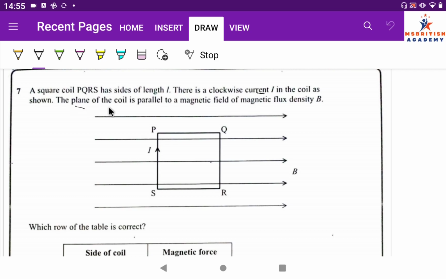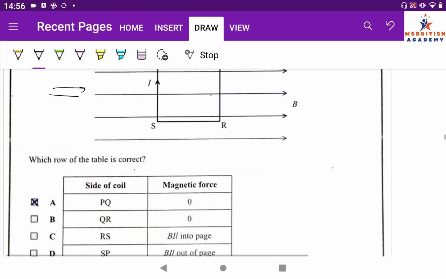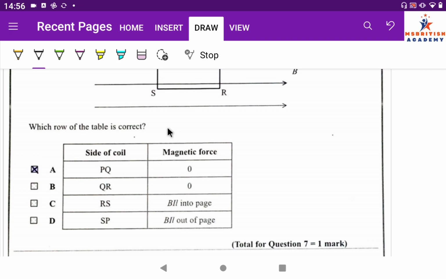The plane of the coil is parallel to the magnetic field, which has magnetic flux density B. Which row of the table is correct?